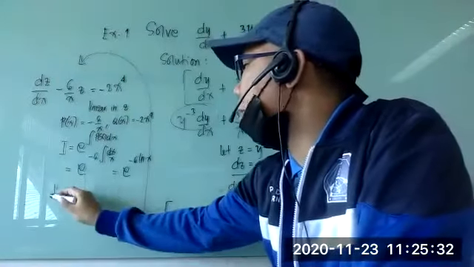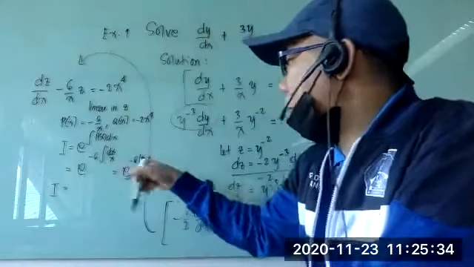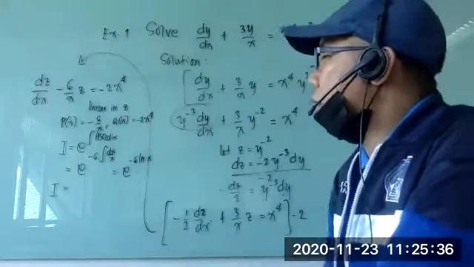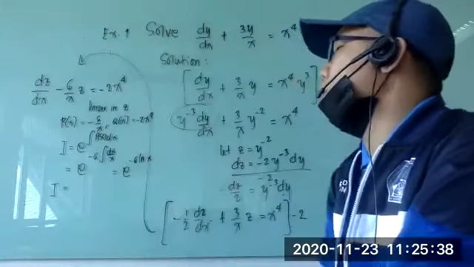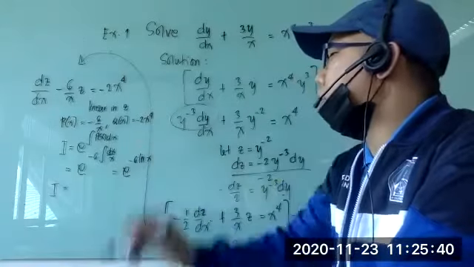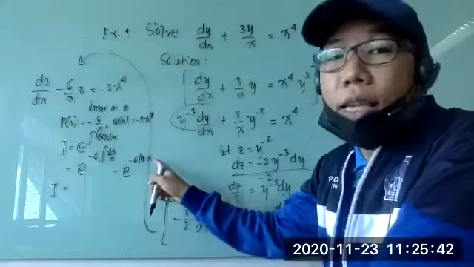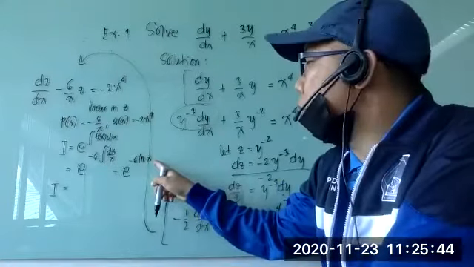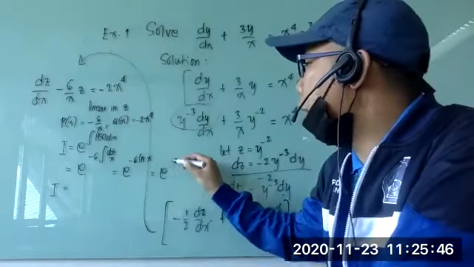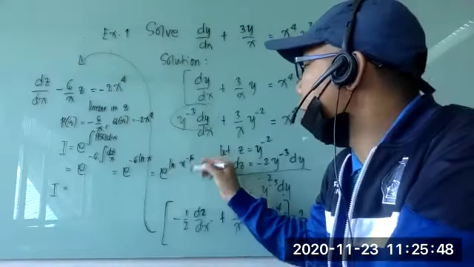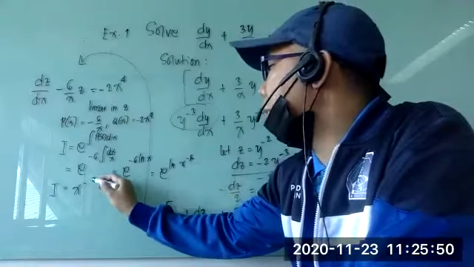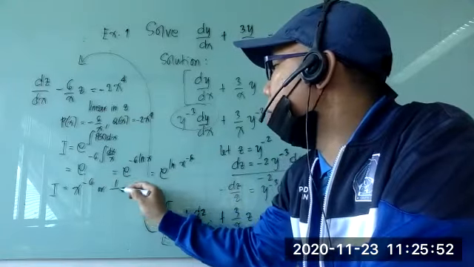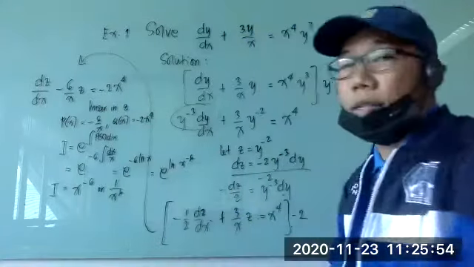Kailangan kapag nag-anti-ln ka dyan or simplify mo, kailangan 1 yan dito. So you put this as an exponent to the argument here ng logarithmic function. So this will become what? E raised to ln of x raised to minus 6. And this will become x raised to negative 6, or simply 1 over x raised to 6.